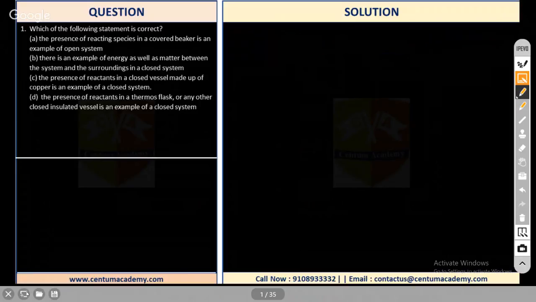Tell me first of all, option A, what kind of system is it? The presence of reacting species in a covered beaker is an example of open system. Option A is a closed system, right?